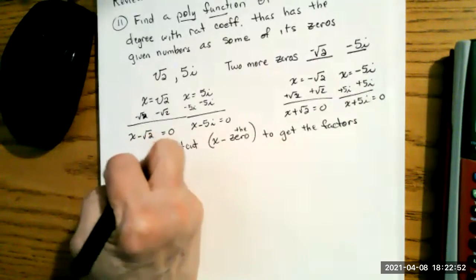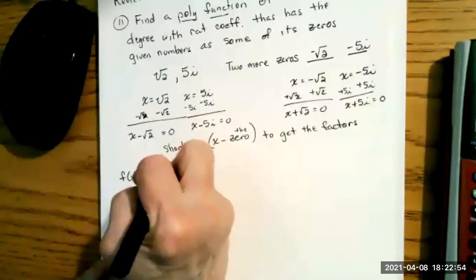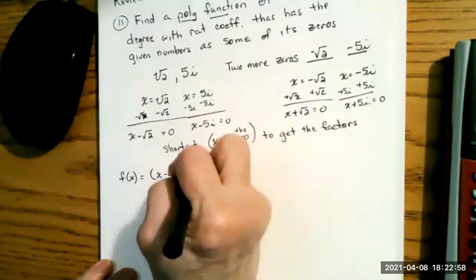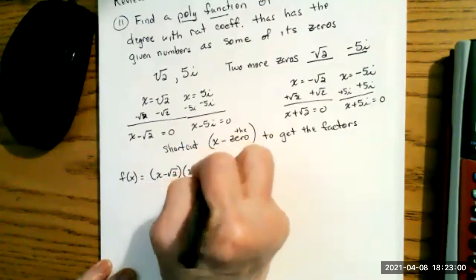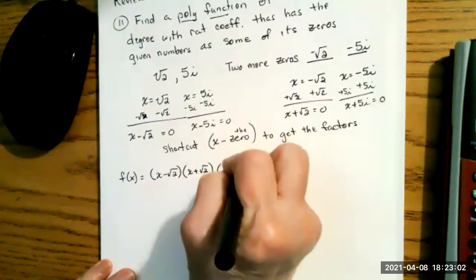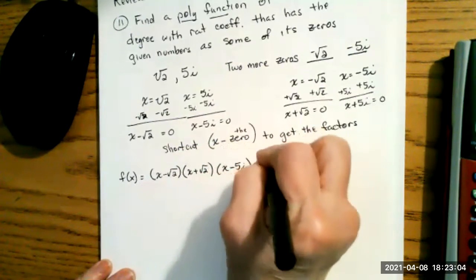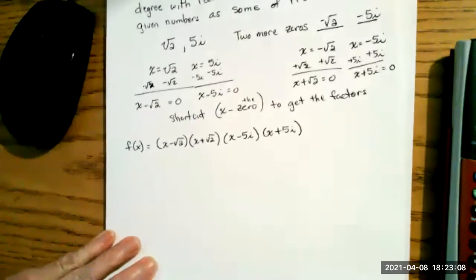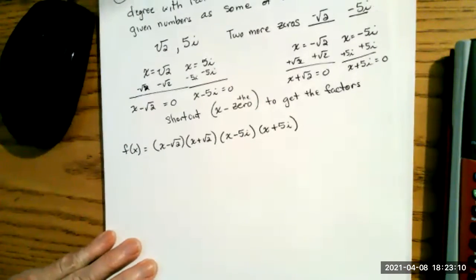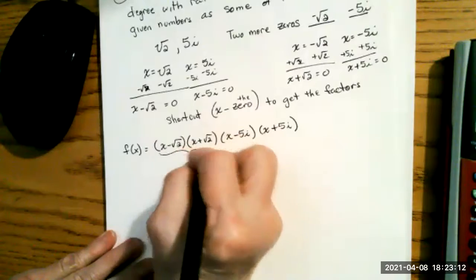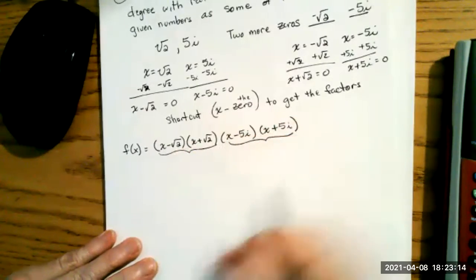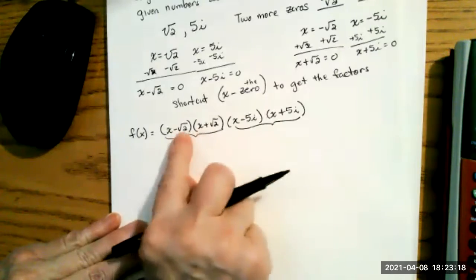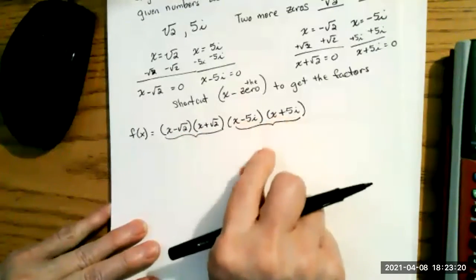So my f of x is going to be x minus the square root of 2, and x plus the square root of 2, and x minus 5i, and x plus 5i. When I get that all multiplied out, that's going to be my polynomial. I put them together so I can be smart and hopefully eliminate some things. So I'm going to multiply these two, and then I'm going to multiply these two.